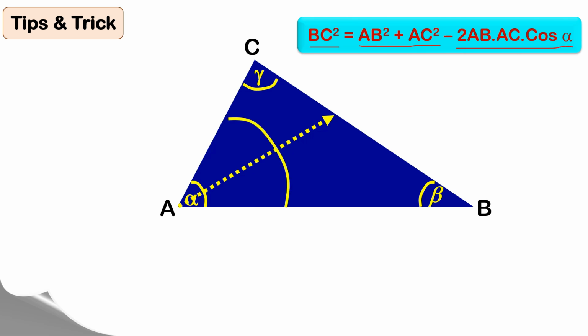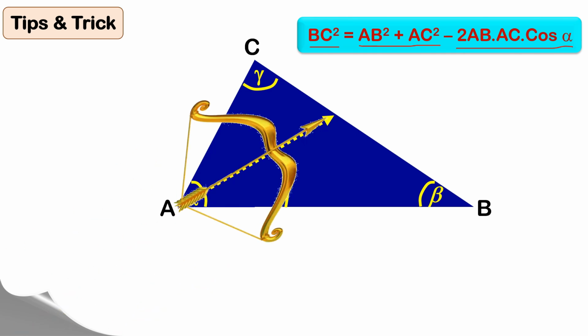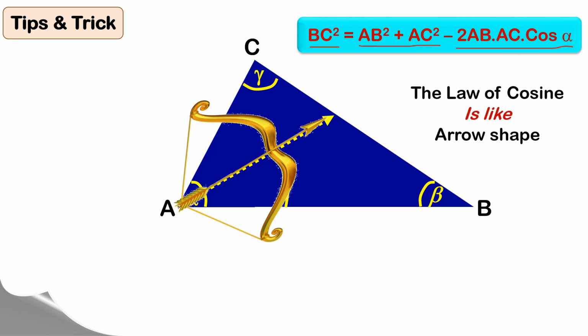So graphically, we see a shape that is similar to an arrow. Now this is the trick: remember that the law of cosines is like an arrow shape.